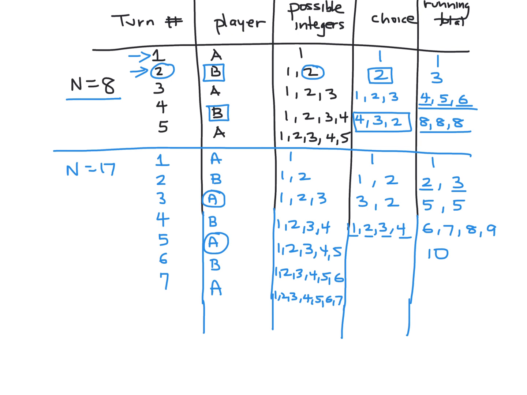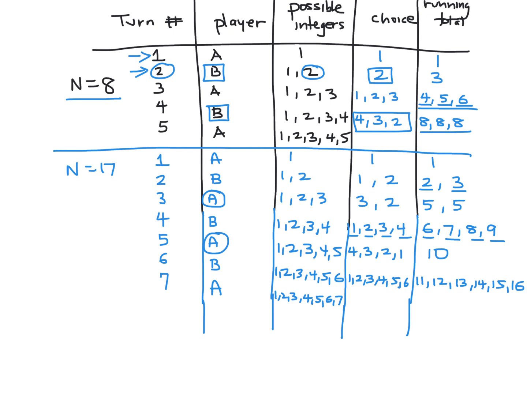And he can do that by choosing either 4, 3, 2, or 1, depending on what the running total is. And then Beryl, again, we have to look at everything. So if he chooses those numbers, the running totals will be either 11, 12, 13, 14, 15, or 16.